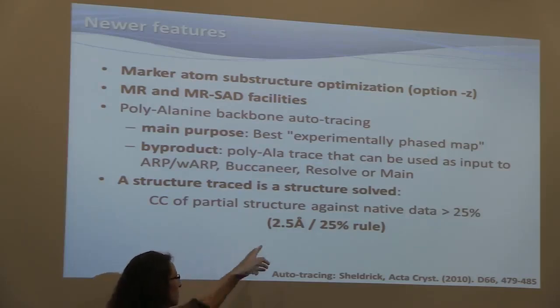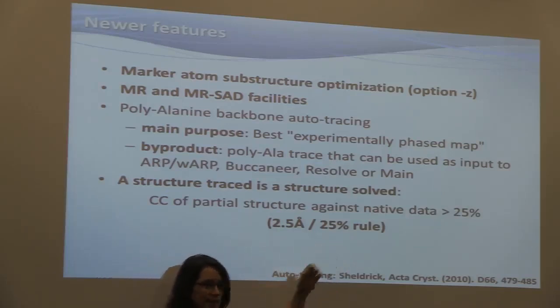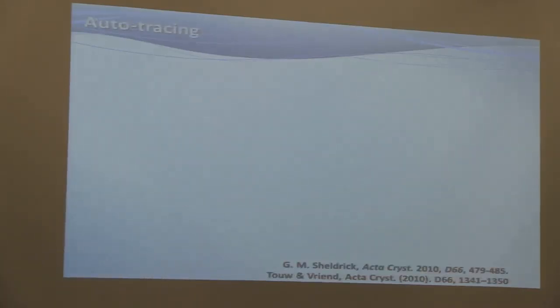So if at 2.5 angstrom you've got a CC of the traced backbone against the data of more than 25%, your structure is solved. The opposite is not necessarily true, but mostly this holds as a rule of thumb. So how does it work? First, we do a peak search in the electron density map.